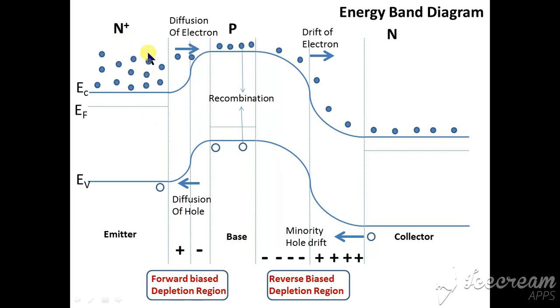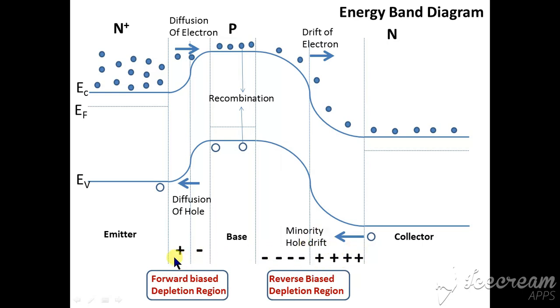These are the free electrons moving in the conduction band, and these are the holes moving in the valence band. Now we observe the forward bias emitter-base narrow depletion zone with very negligible space charge, and this is the collector-base reverse bias depletion zone with a wider depletion zone and a huge number of immobile charges.